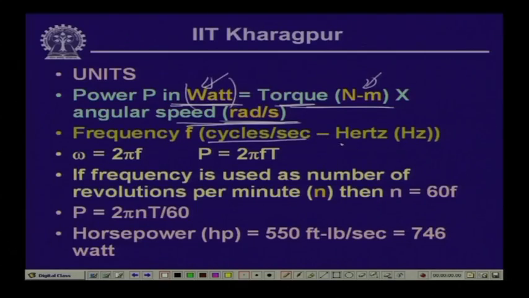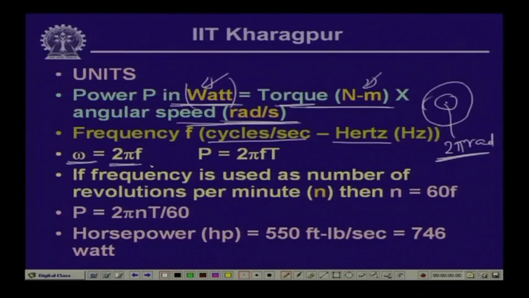Now, if 1 cycle moves, it moves over 360 degrees, which is equal to 2 pi radian. So, we write this angular speed omega as equal to 2 pi f radian per second. So, f is cycles per second or 1 revolution per second. So, this gives 1 revolution is equal to 2 pi radian.